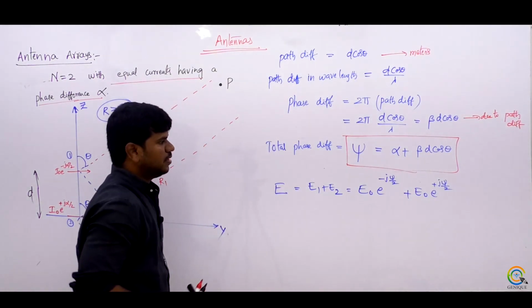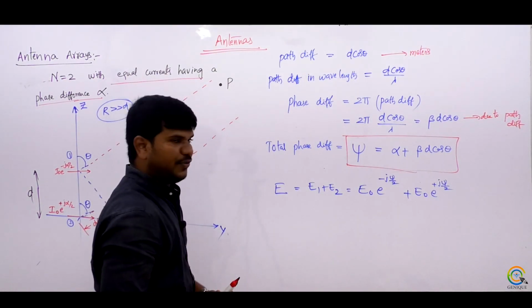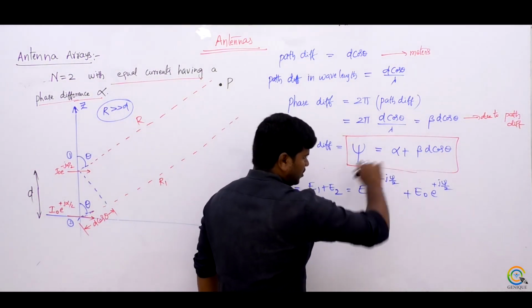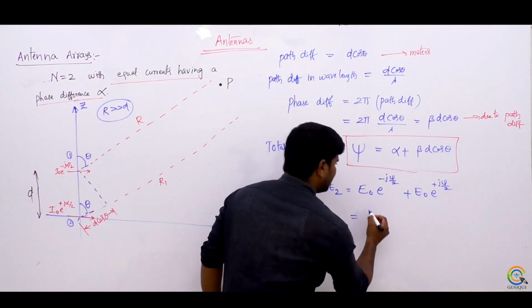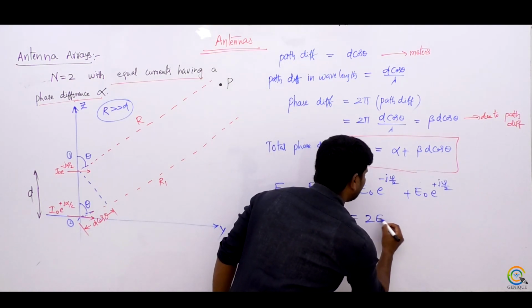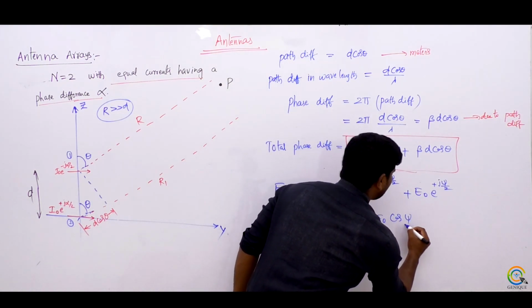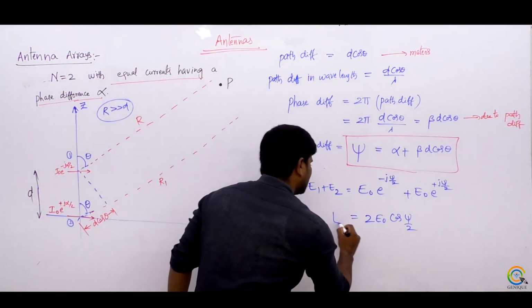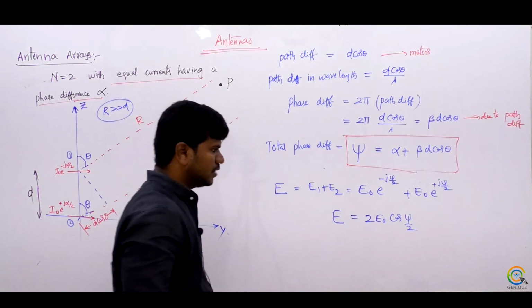So this is the total electric field. If I rewrite this equation, I can write it as 2 E naught cos of psi by 2. So this is the total electric field.